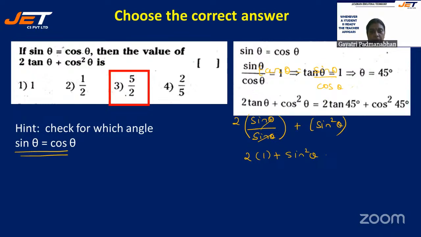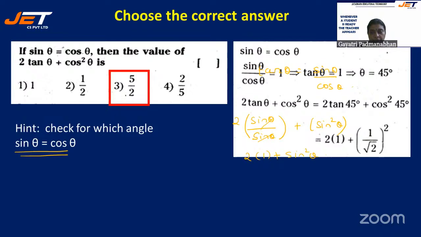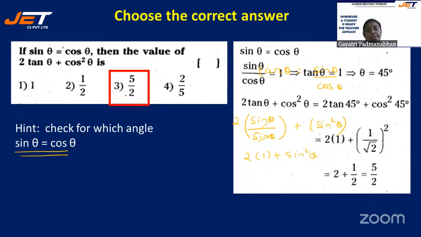So we write 2 tan theta plus cos square theta as 2 tan 45 degrees plus cos square 45 degrees. 2 into 1 plus cos square 45, which is 1 by root 2 the whole square. When you take the LCM, you get 1 plus 1 by 2, which is 4 plus 1, 5 by 2.